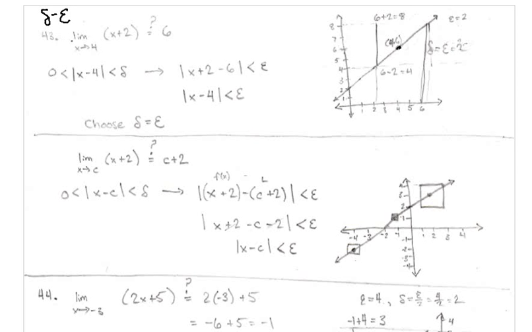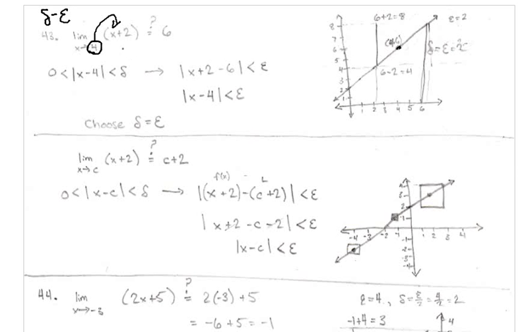So I'm trying to find the limit as x goes to 4 of x plus 2. I try out direct substitution. I take the value that I'm approaching and I directly substitute it into the function and see if I get out something that isn't an undefined value.